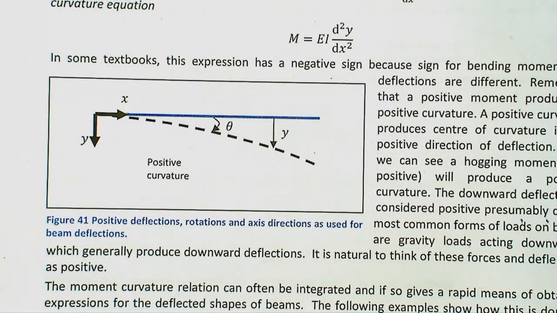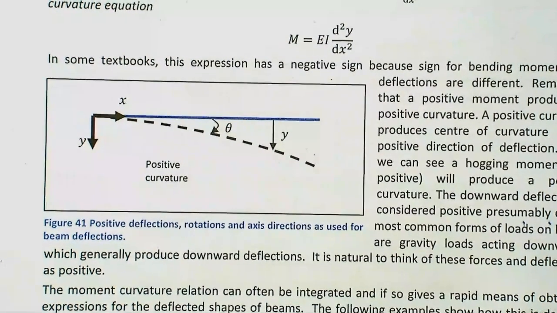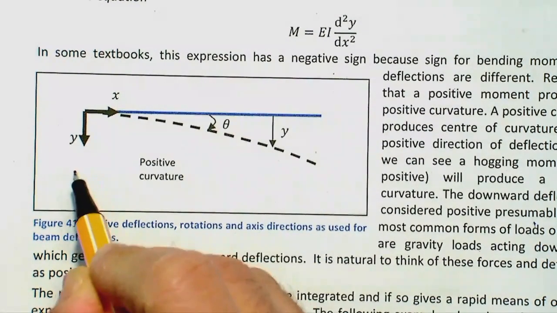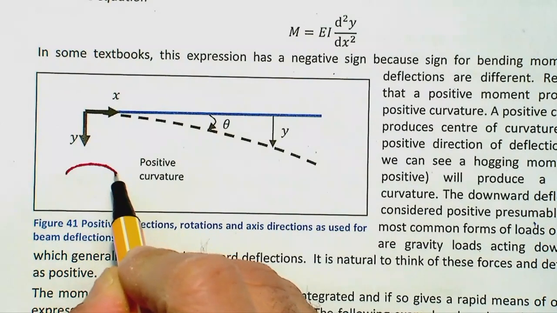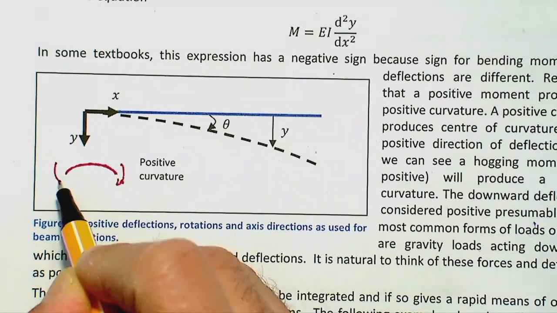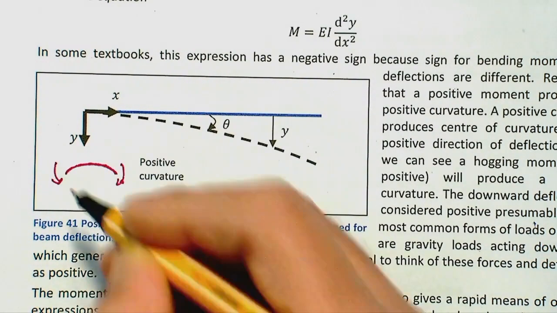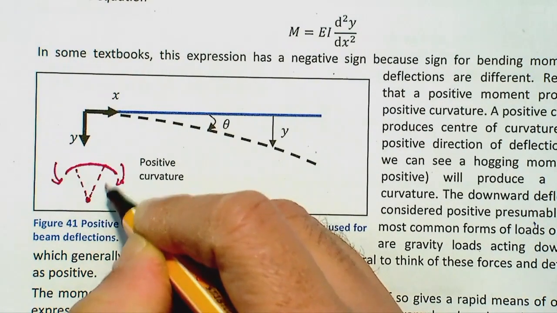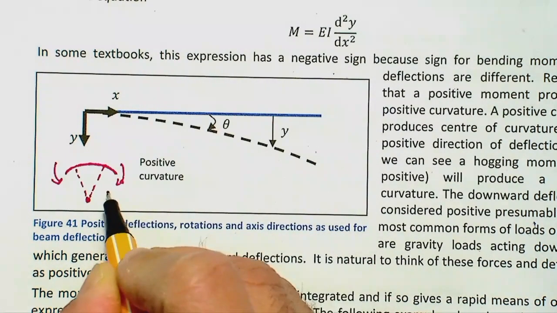Now, what is positive curvature? If it is bent in such a way that the center of curvature is on the positive deflection side, then that is positive curvature. I'll give you two examples. If your beam is bent like this, so you apply a moment and the beam is bent that way, the center of curvature is in this direction, which is the positive direction. So this is positive curvature.